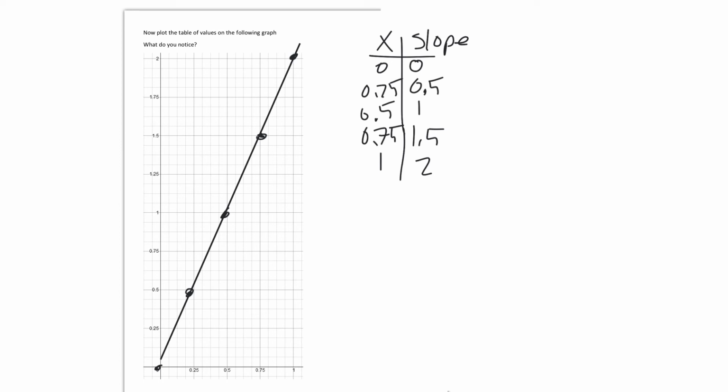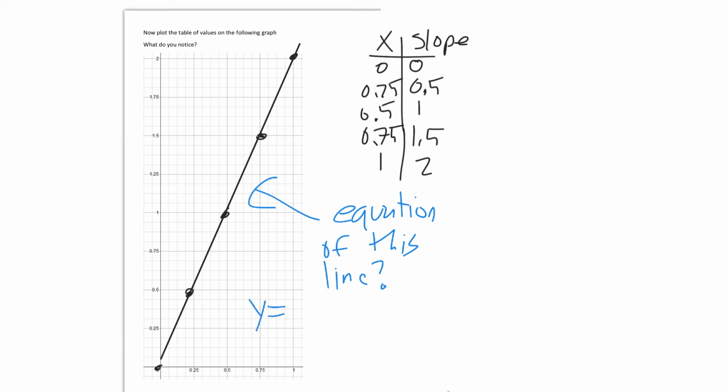Now, I'm going to ask us a question here. This line right here, what's the equation? What is the equation of this line? Does it have an equation? Well, hopefully you remember the equation of a line is y equals mx plus b. Now b in this case, because we have an intercept here of 0, b is going to be 0.